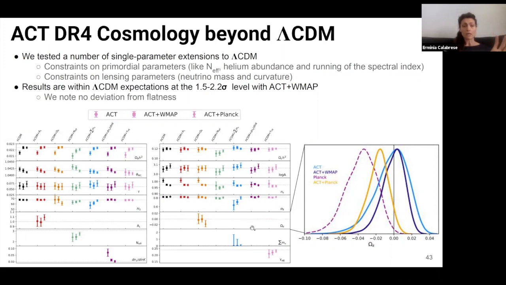The takeaway message from all these results is that we don't see any strong deviation from Lambda CDM, and all these extended parameters are within Lambda CDM expectations at 1.5 to 2.2 sigma level. And in particular here, we zoom on the curvature parameter, and we see that with the ACT data, we have no evidence for deviation from flatness.